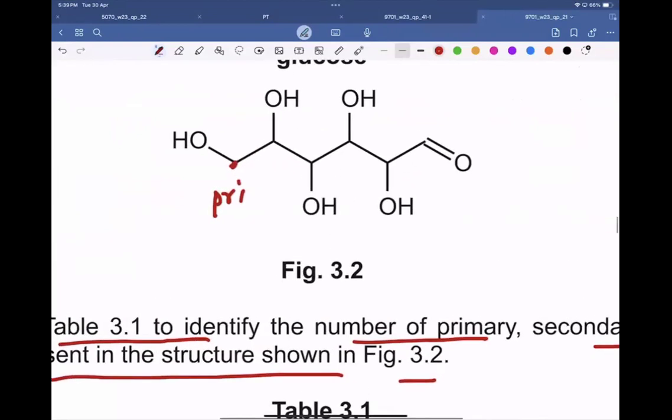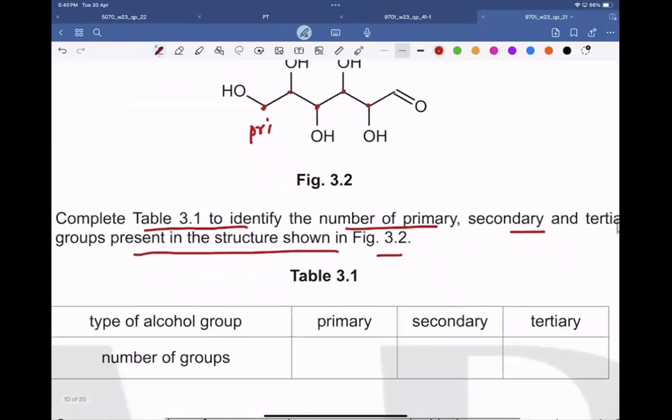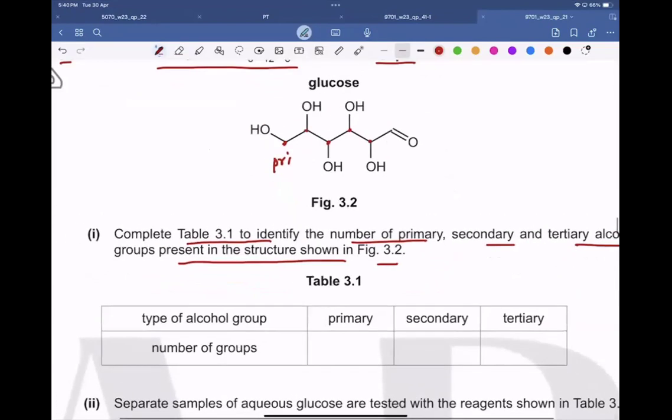Now, 1, 2, 3, 4. If you look at all of them, they all are secondary, right? And there is no tertiary alcohol in it, because the tertiary is the one in which the OH is bonded to a carbon, and that carbon must be bonded to three different carbons.